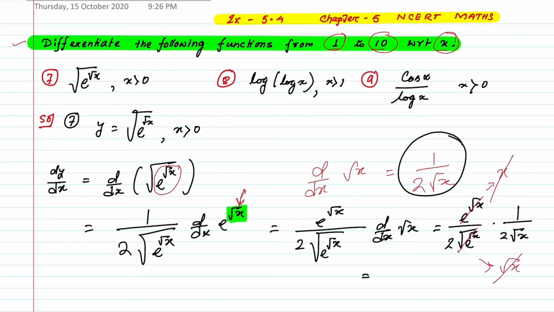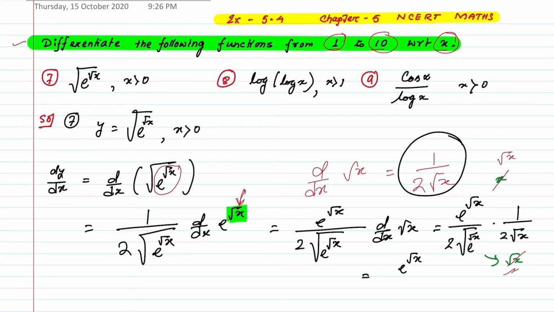If you cancel x by root x, then you must get here root x.